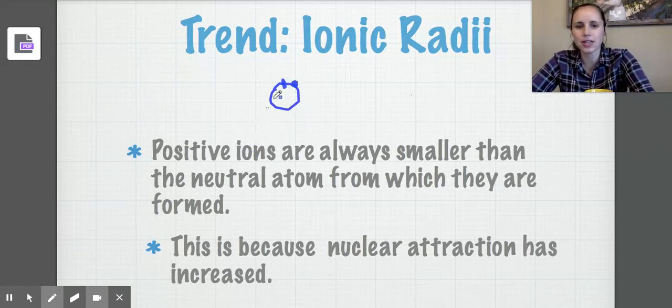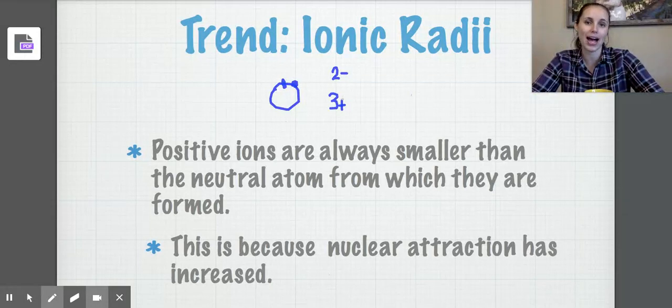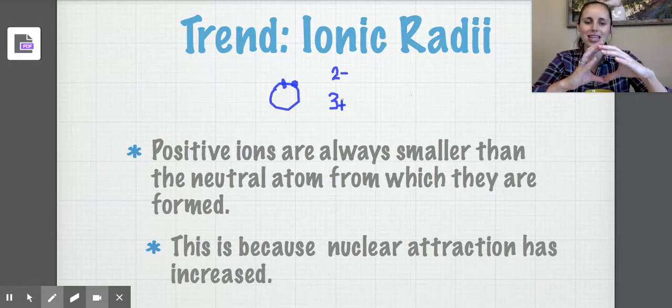The other reason is because now we have our positives outweighing our negatives. So we now have 3 positives in my core, and we only have 2 negatives, 2 electrons. So those positives have a really great hold on those electrons. So net nuclear attraction has been increased, and it's actually going to pull those electrons even closer to it.